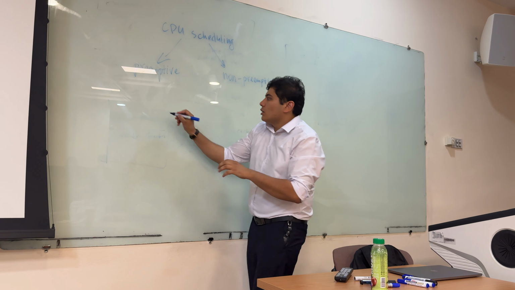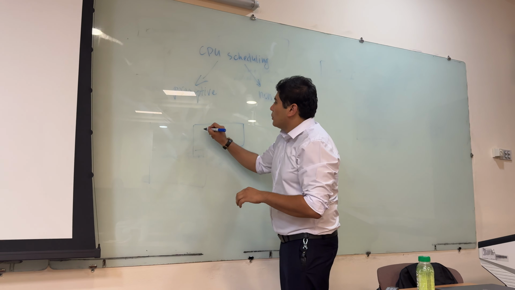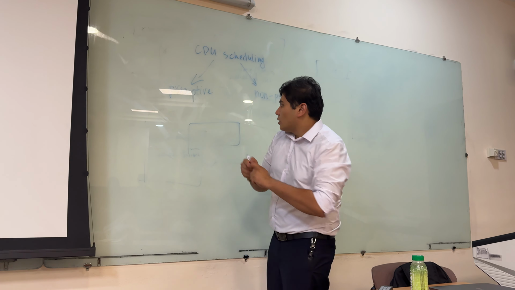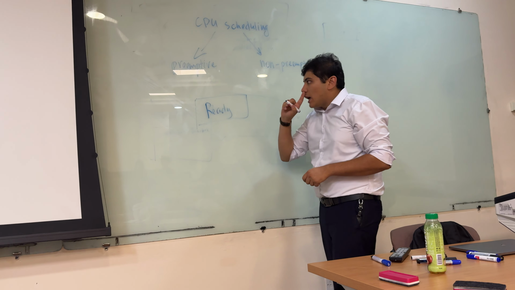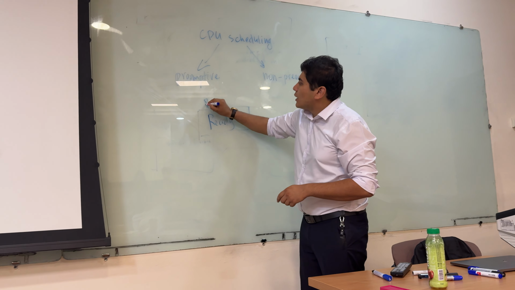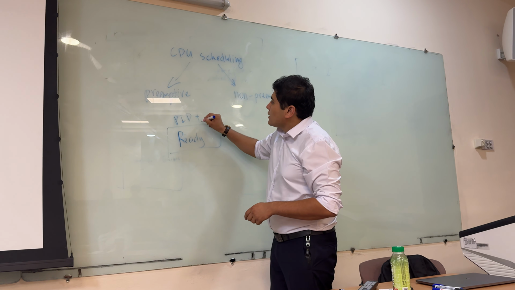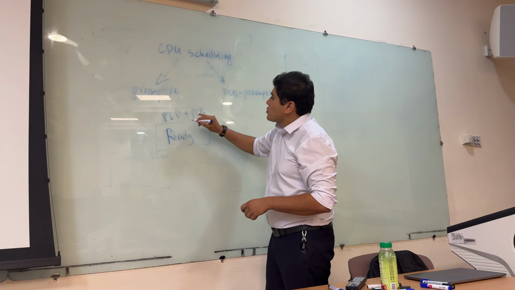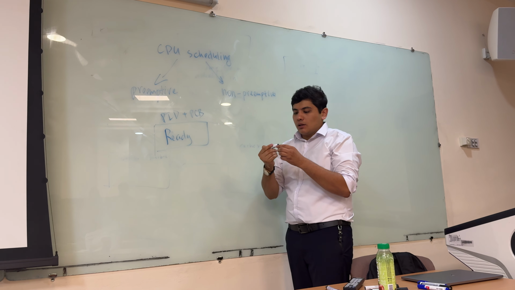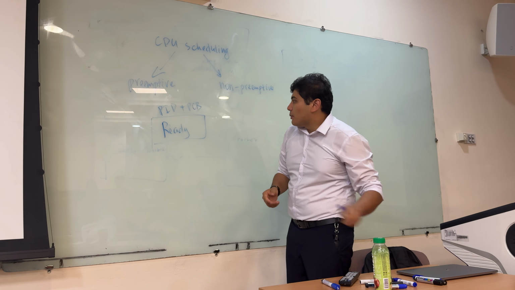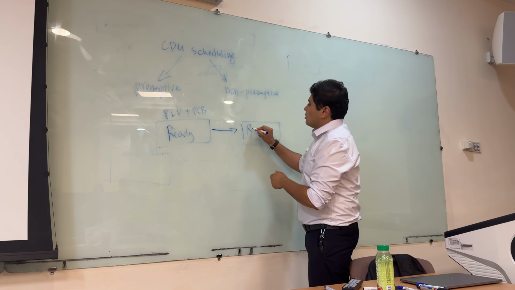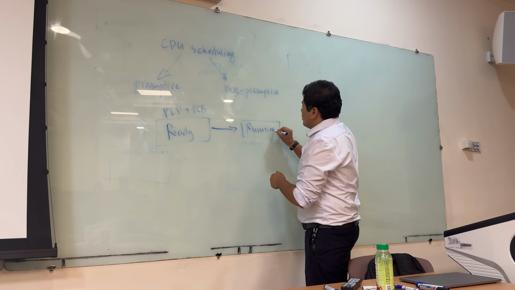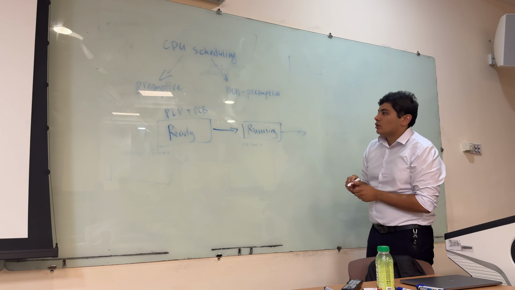Basically, your process will be in the ready mode, right? So in the ready mode, what's gonna happen? It's gonna have a unique ID, PID, plus from process control it will be assigned a memory. And then it's gonna go to the running mode, and from the running, it will be terminated.